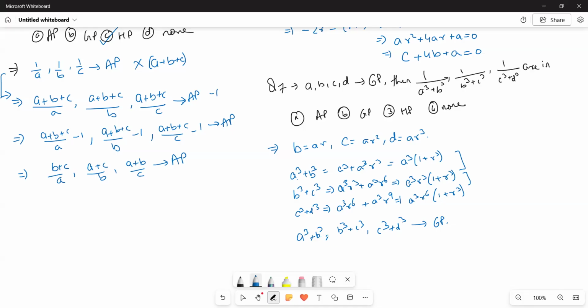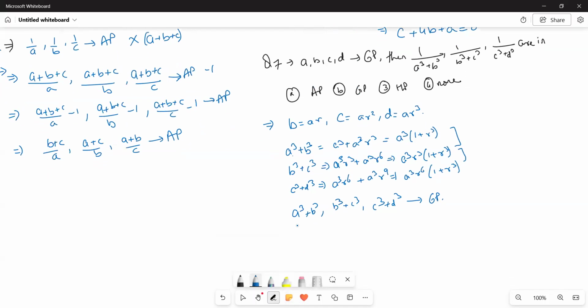So now if we have a set of numbers which are in GP, what will happen to the reciprocal numbers? One by A cube plus B cube, 1 by B cube plus C cube, 1 by C cube plus D cube. If a set of numbers are in GP, what would happen to the reciprocal series? Also GP. Reciprocal of a GP is also a GP. Remember, if all the terms are raised to the same power, the resulting sequence is still a GP.